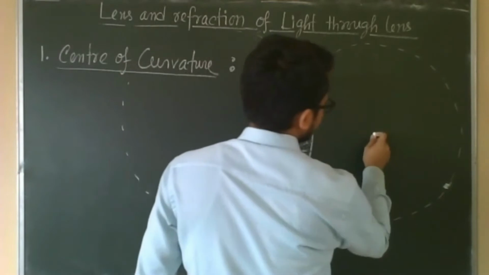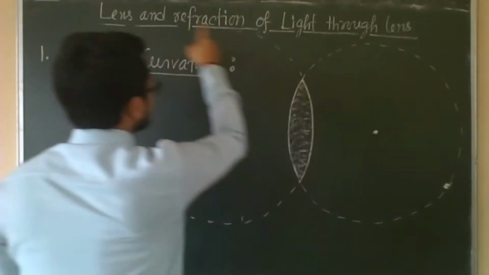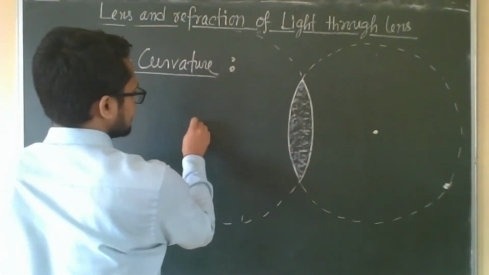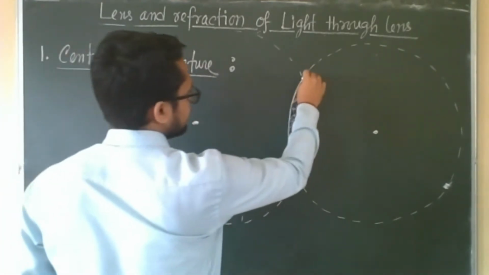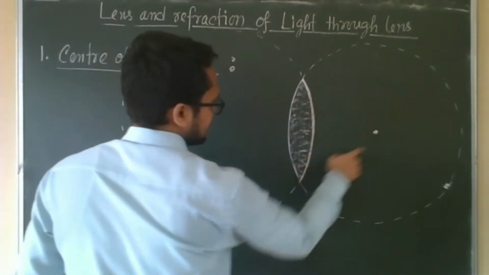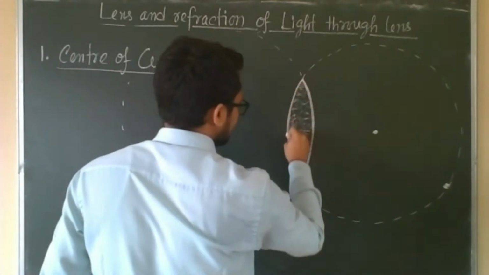Now for this sphere there is a center, and for the other sphere there is also a center. This is the center of this spherical part.